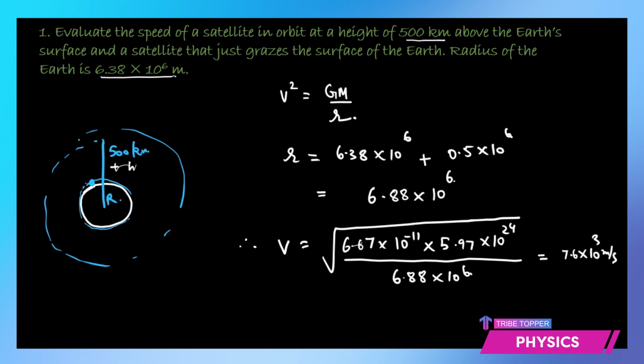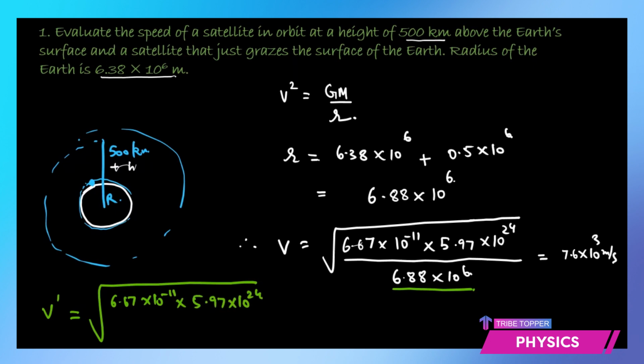The only difference for a grazing satellite is that in the same expression, keeping everything the same, just this distance would be different. That will be just equal to the radius of the Earth. So for the other satellite, v dash would be the square root of 6.67 times 10 to the power negative 11 times 5.97 into 10 to the power 24 upon the distance r, which would be exactly the radius of the Earth, because it is very close to the surface of Earth.